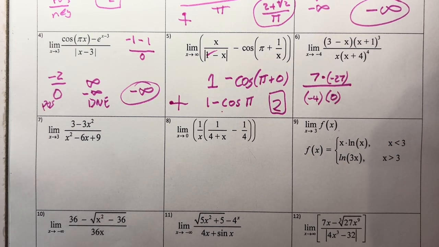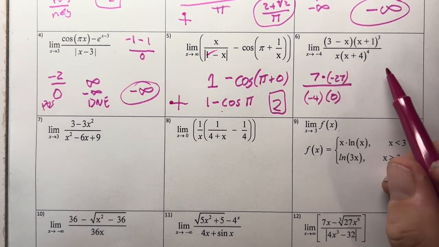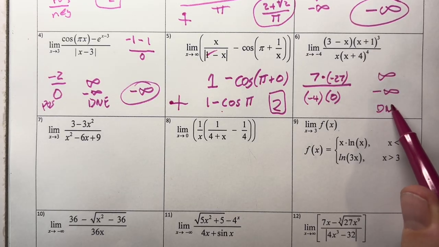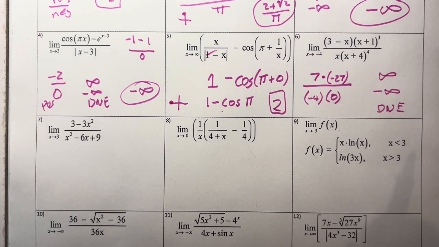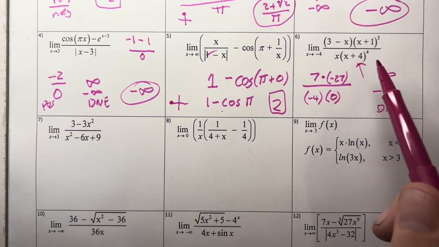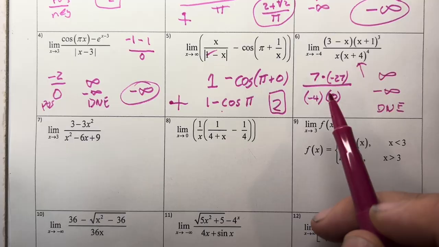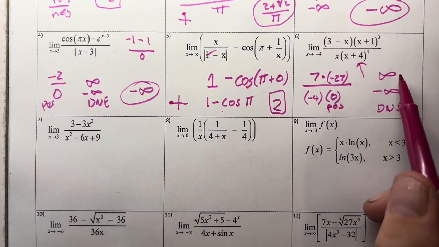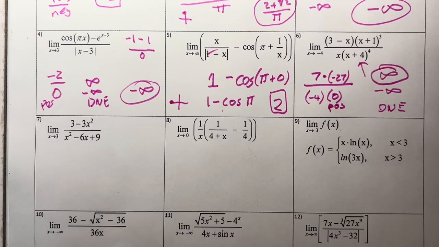And so this is going to be a number over 0. We're going to choose between these 3. I notice this is the only factor that matters. Positive, negative, negative. This is actually positive because of the even exponent. And so we'll choose positive infinity.